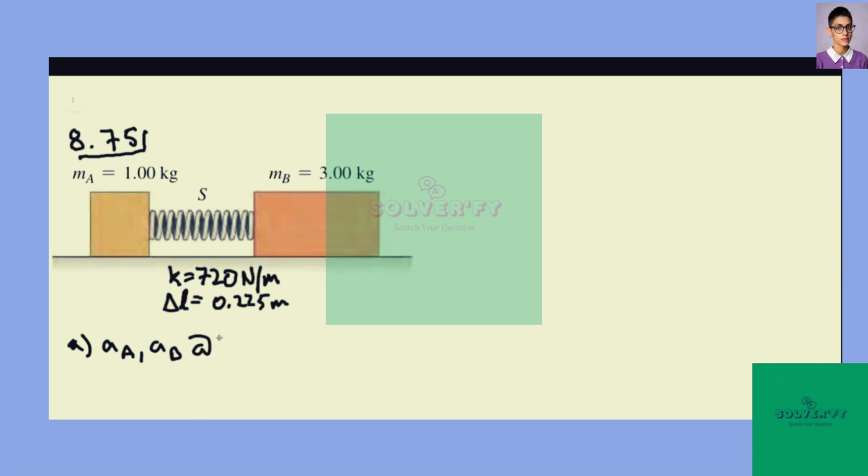Let's call that t equals 0 just for convenience. And then, what are their speeds after they escape from the spring?